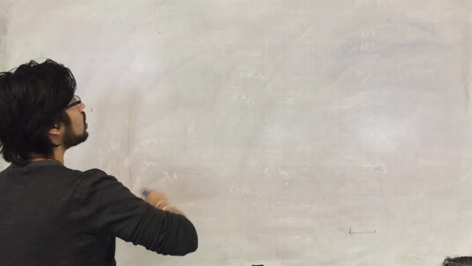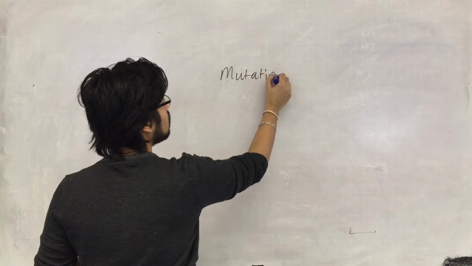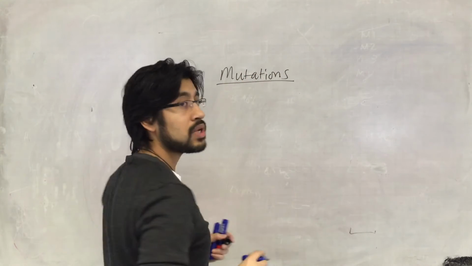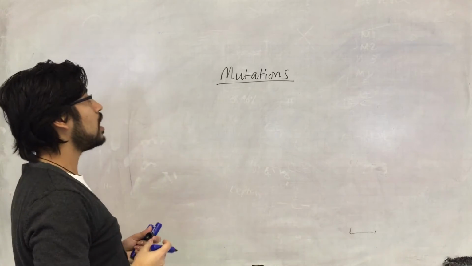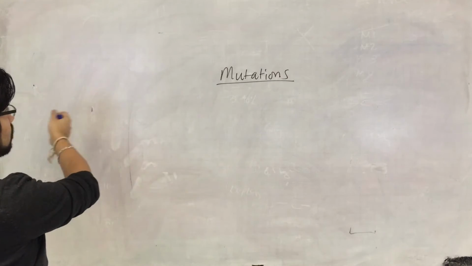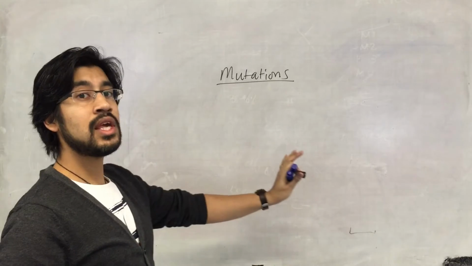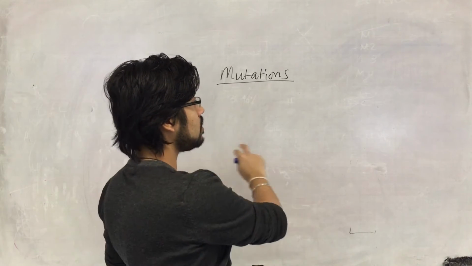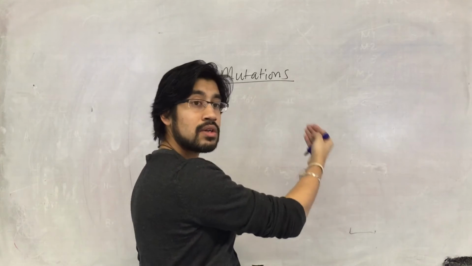We are now going to talk about mutations. Okay, so a mutation is essentially a spelling mistake. There's been an error, there's been some kind of change in the order of bases in DNA, and that can lead to a change in the order of amino acids, and that will then affect the function.